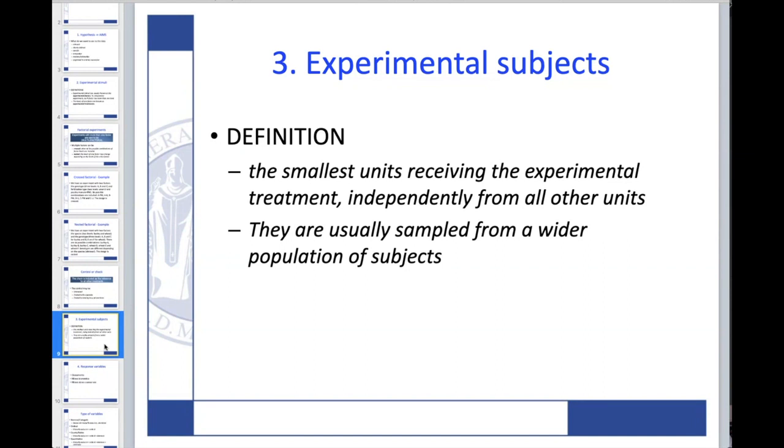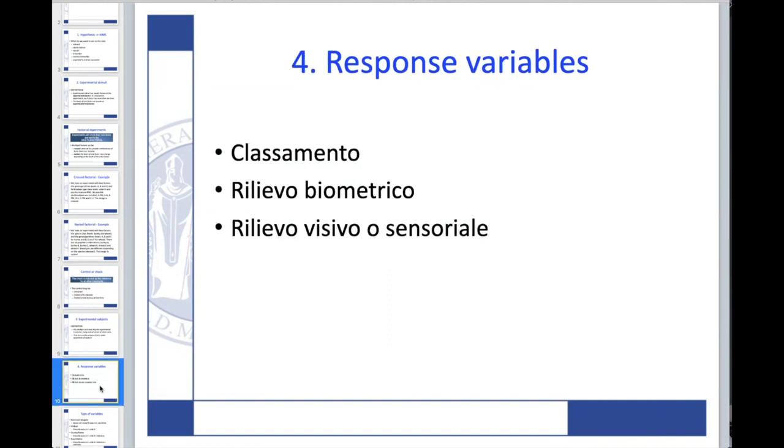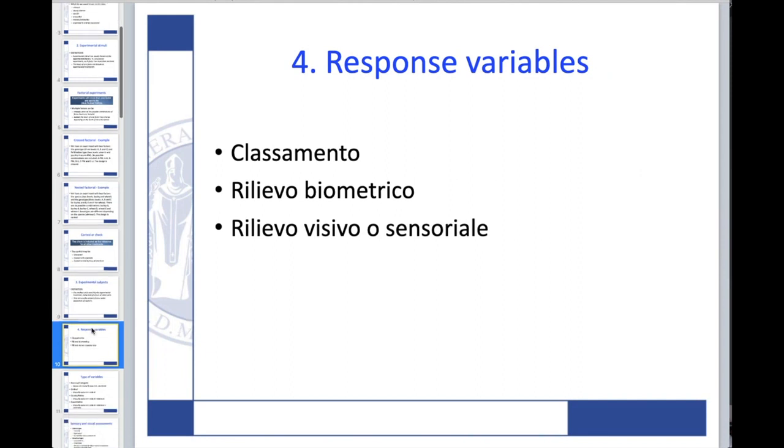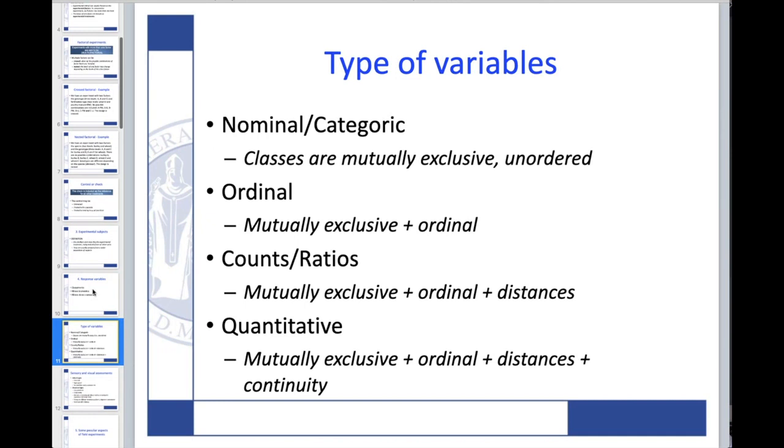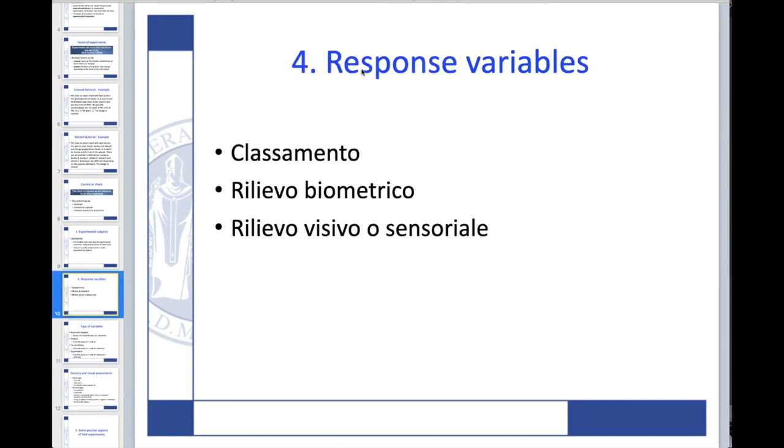Once we have defined the treatments and the experimental subjects, we need to define the response variables. Well, this is something I forgot to translate. This would be what we record. We can record classes.